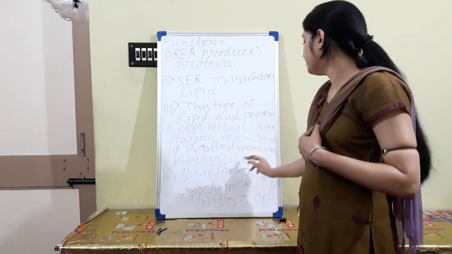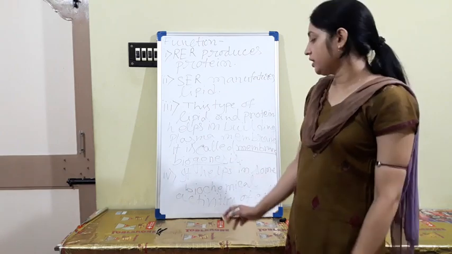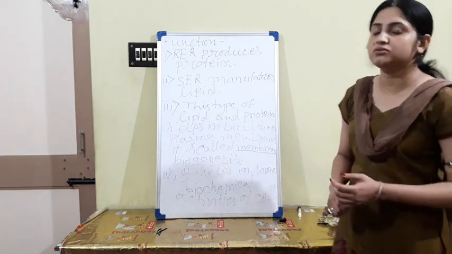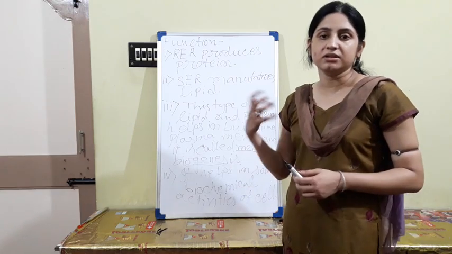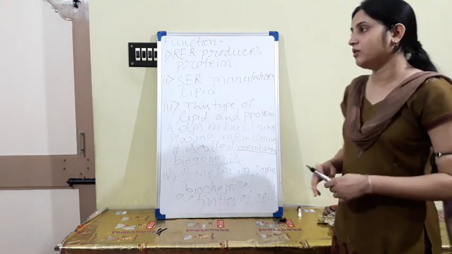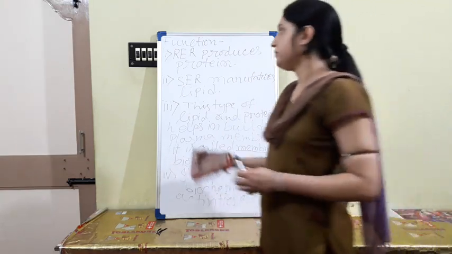So what is membrane biogenesis? Important question. Another one, it helps in some biochemical activities of the cell. Many activities occur in the cell, and they are helped by the ER.